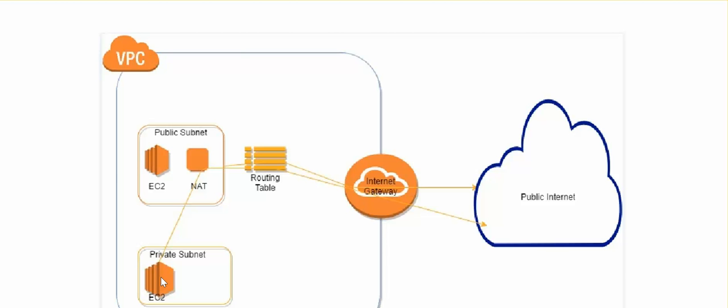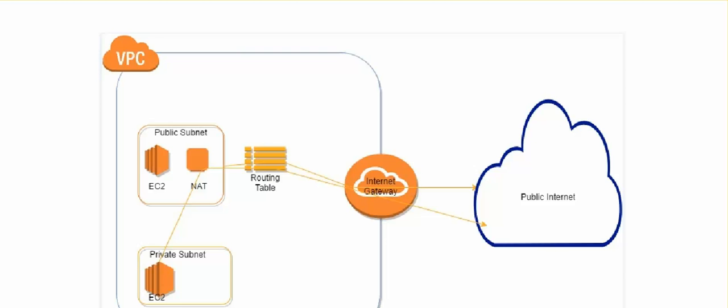After getting into the private instance, if we want to download some applications from the public internet, we cannot do that because it is in a private subnet and cannot be connected to the internet.